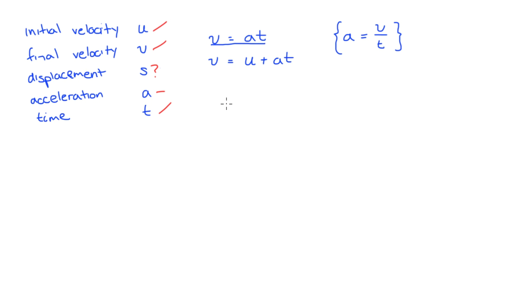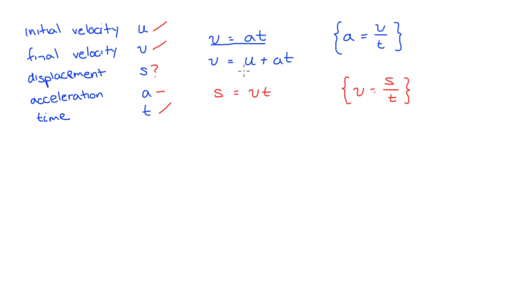So from our previous equation, we saw that displacement is equal to velocity times time. And again, this came from the equation that velocity is equal to displacement over time. Rearrange those around and you can get this.